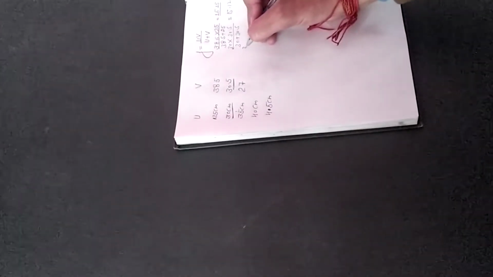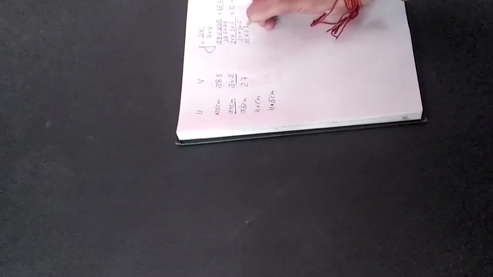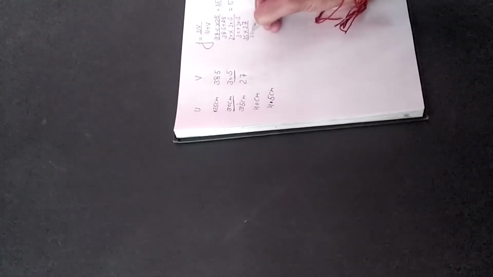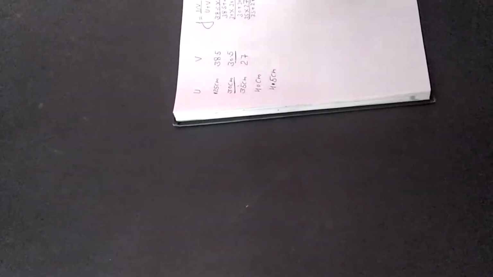Let me check. Okay, again I have to calculate it. So it is 35 into 27 upon 35 plus 27. So I'll calculate this again for you.